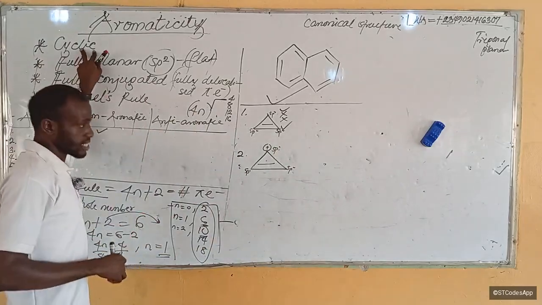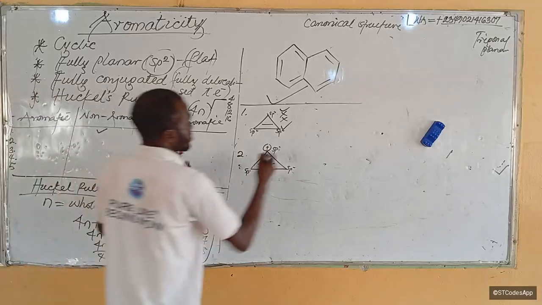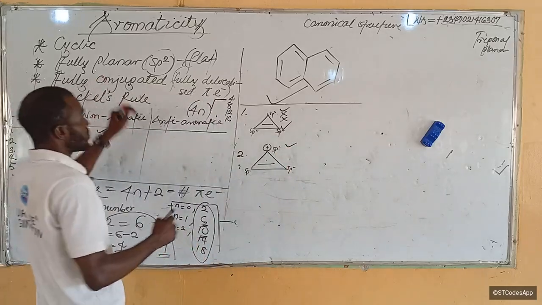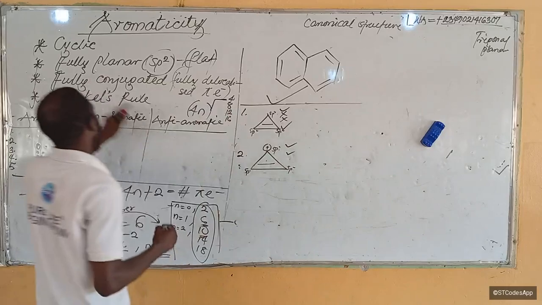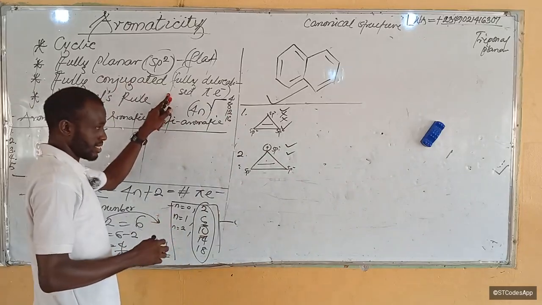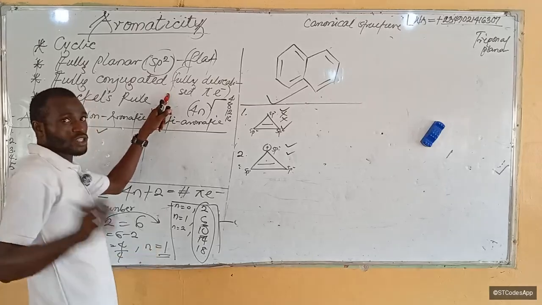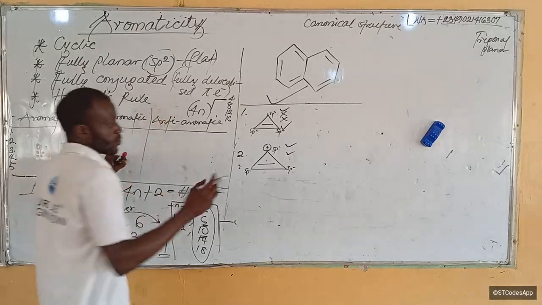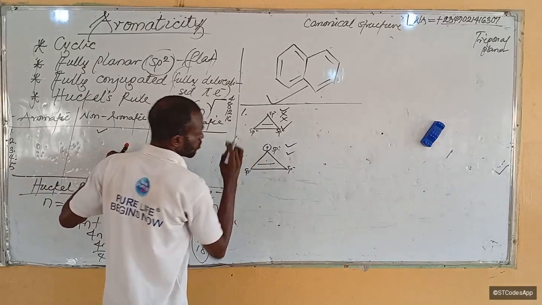Is this cyclic? Yes, it is cyclic. So it ticks the first box. Is it fully planar? Yes, it is fully planar. Is it fully conjugated? This is where we now have a problem, where we have alternating single and double bonds.